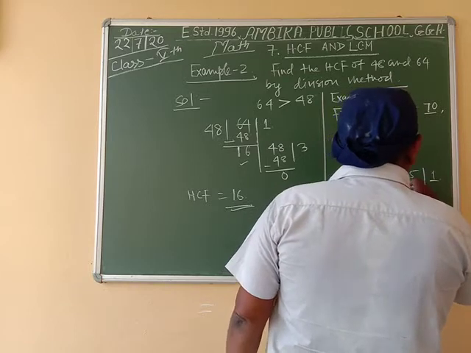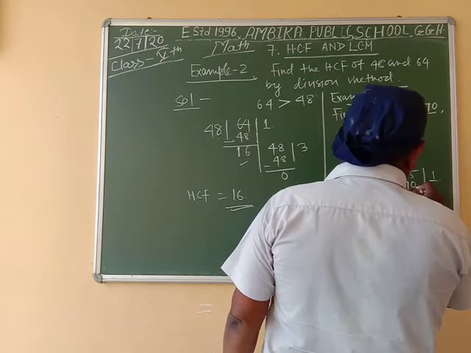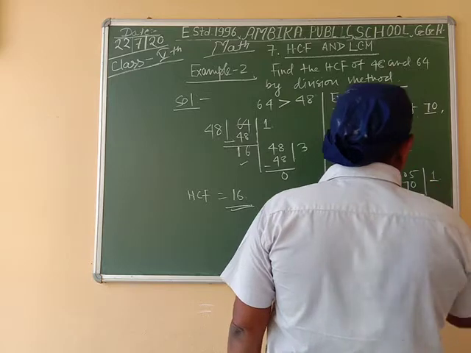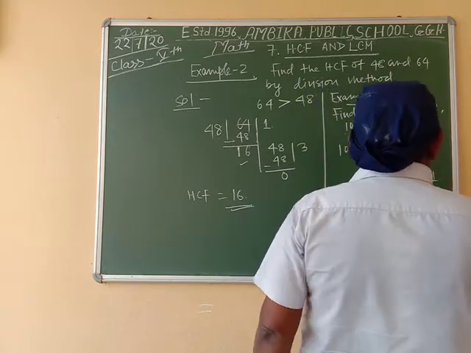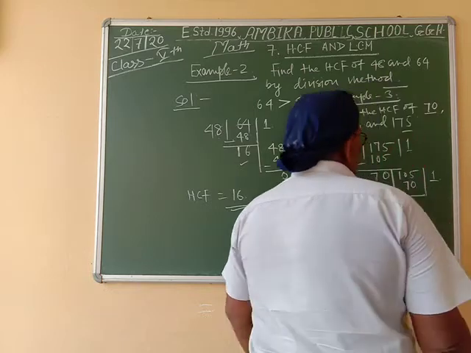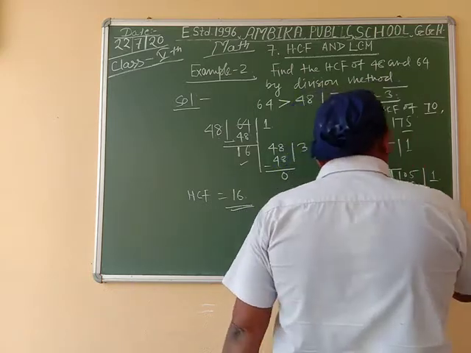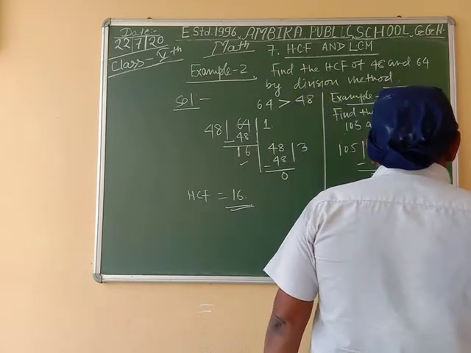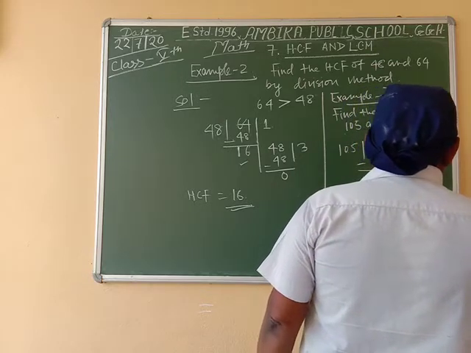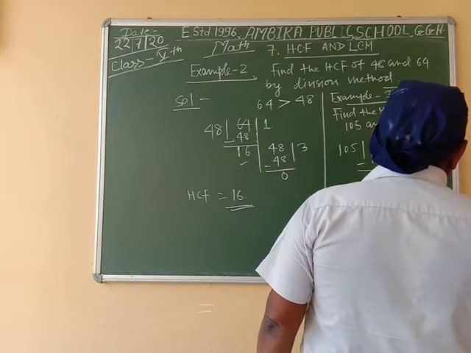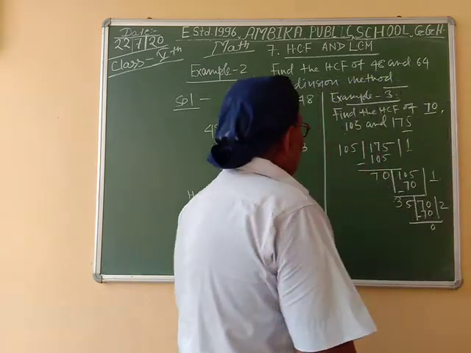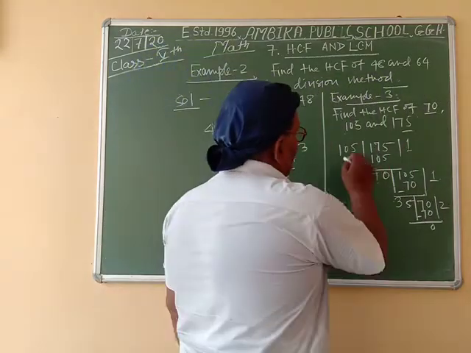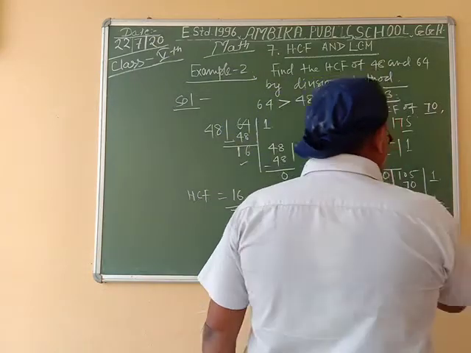Dividing, we write 70, and on subtracting the remainder is 35. Again the process continues. Here, the HCF of 105 and 175 is 35.